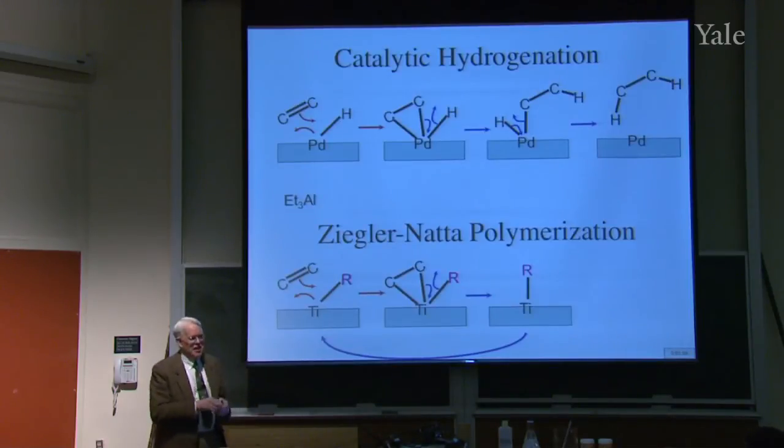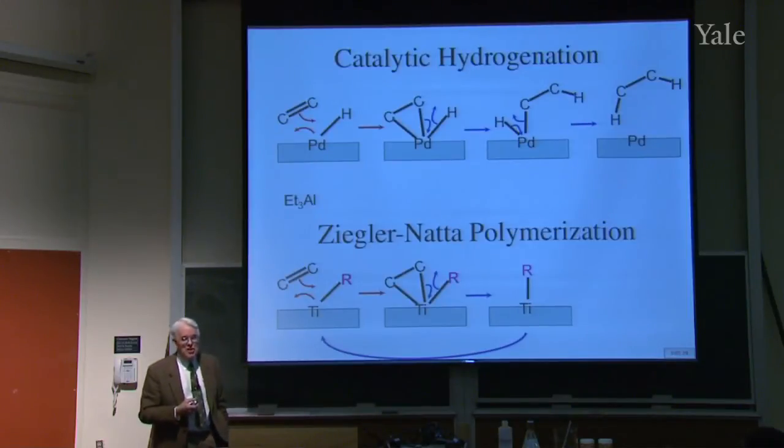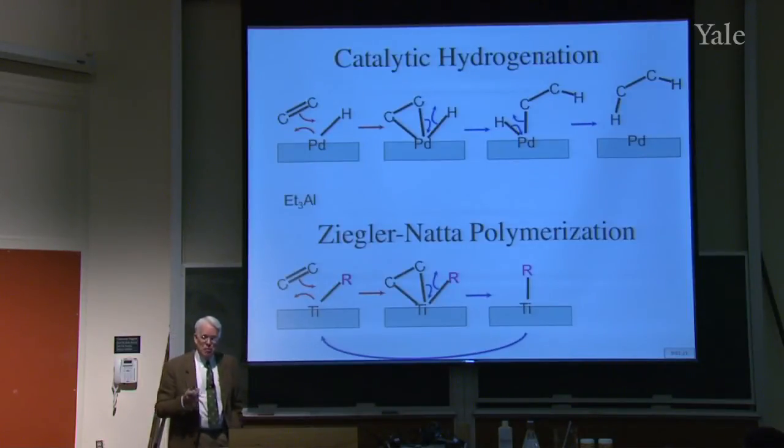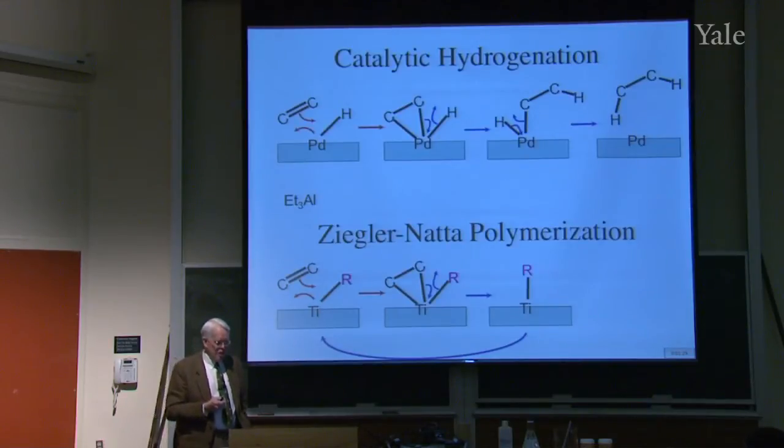Now, Ziegler found this. I contacted Grubbs yesterday in order to get permission to show his picture to you, and Murahashi as well, and Ziegler, incidentally. But he told me an interesting story of how Ziegler discovered this. It was during the Second World War, and in Germany they were short of lubricating oil. So he was trying to figure out how to use triethyl aluminum to add to alkenes and then polymerize on the basis of that to get things that could be lubricating oils.